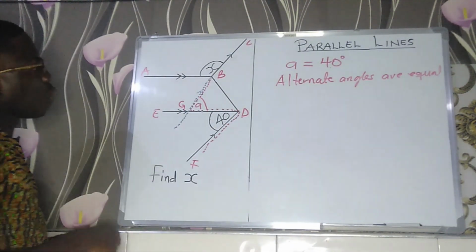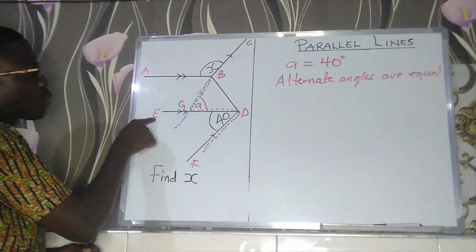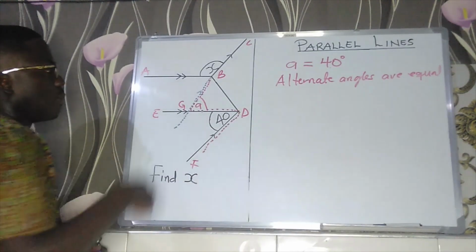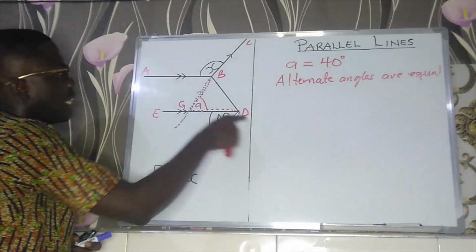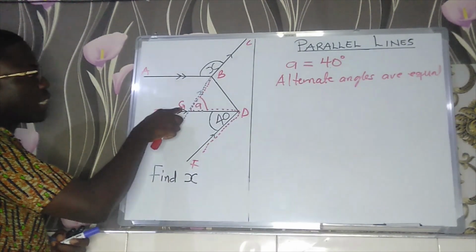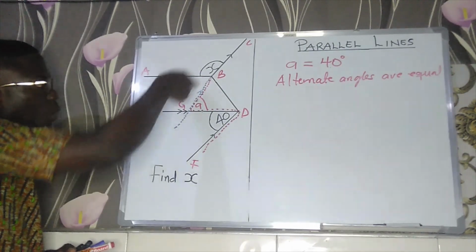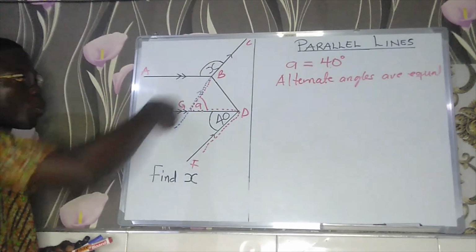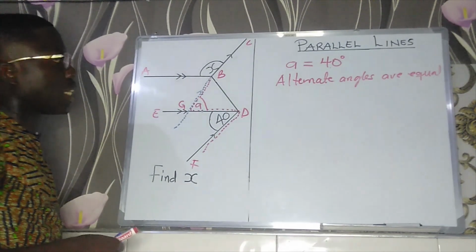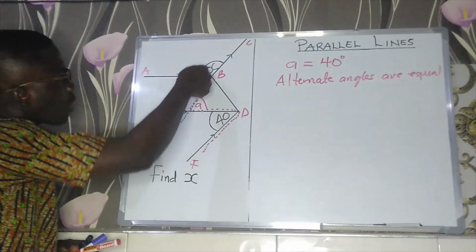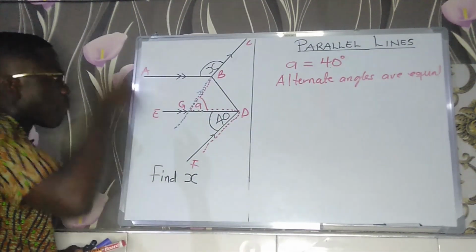And then also, you can see this vertical line AB is parallel to line ED. And so, once AB is parallel to line ED, then BG has become the transversal line, because we said when a line crosses or passes through parallel lines, that particular line becomes a transversal line. Good. And so once this line passes through line AB and line ED, it becomes a transversal.